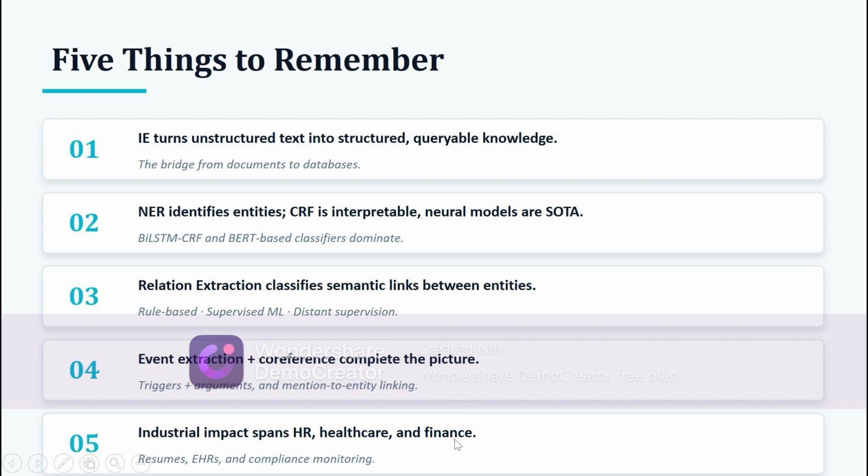And fifth, the industrial impact is real and measurable. Resume parsing in HR, medical record extraction in healthcare, and compliance monitoring in finance all run on the same fundamental stack.